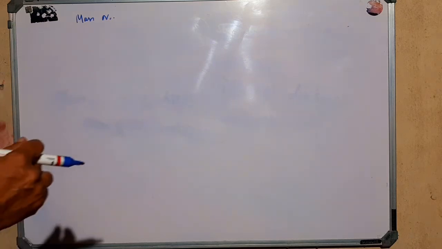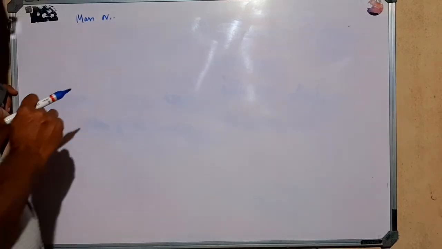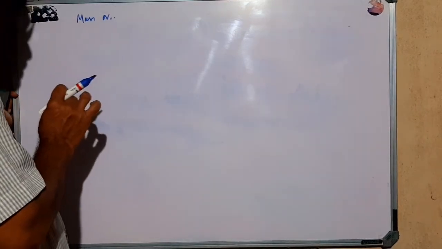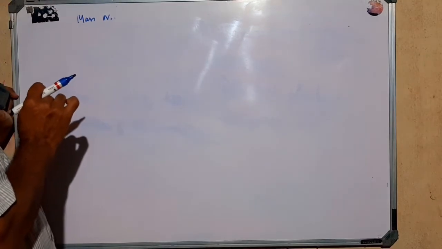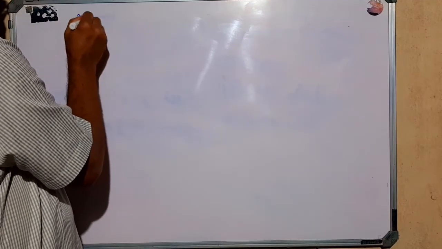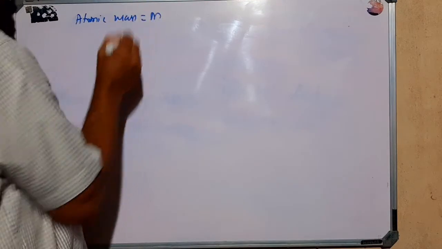Because the mass of the electron is negligibly small. The whole mass of the atom is considered to be concentrated in the nucleus. So if I write, the atomic mass, the mass of the atom, is equal to M.